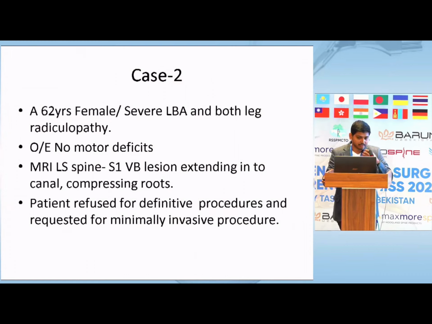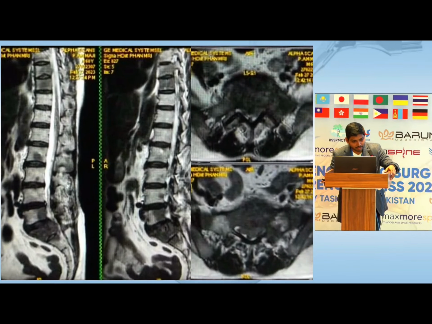She is a 62-year-old lady with severe back pain and bilateral radiculopathy. There are no motor deficits. MRI shows multiple vertebral body lesions, and at the S1 body, it is compressing the caudal roots. The patient is having severe radiculopathy.